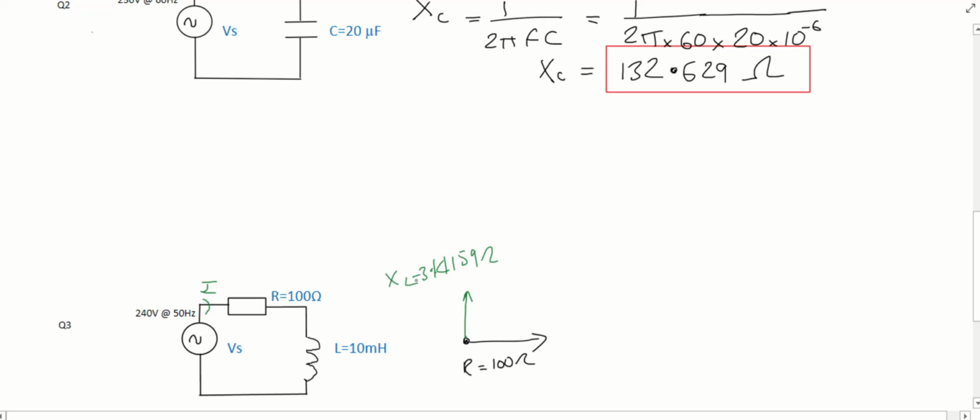Okay, so if we wanted to work out the resultant AC resistance, and there is a name for that, the resultant AC resistance is given the symbol Z, and it's called impedance.